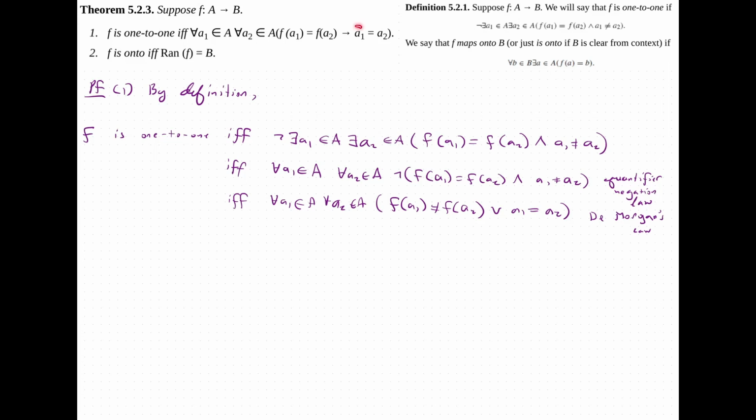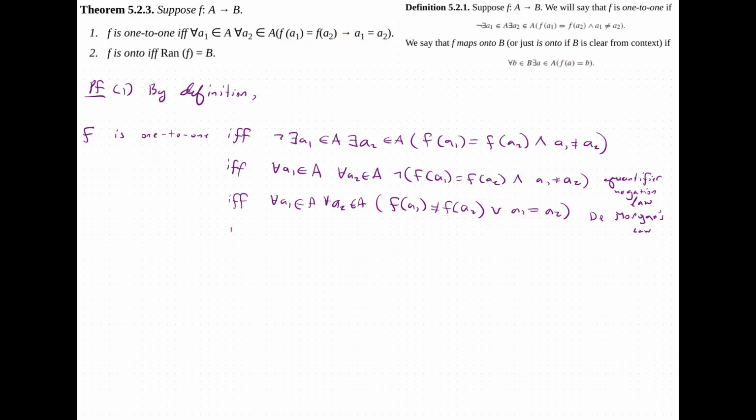We want to prove something with a conditional. And a conditional, P implies Q, is logically equivalent to not P or Q. And so now we see that if we were to translate this, this will become F of A1 does not equal F of A2, or A1 equals A2, which is exactly what we have here.